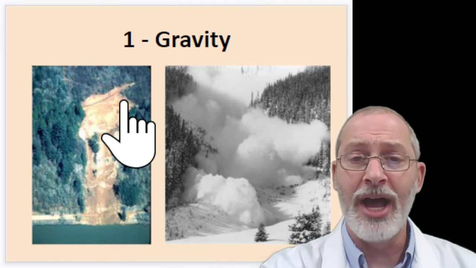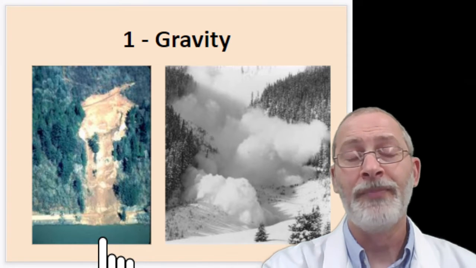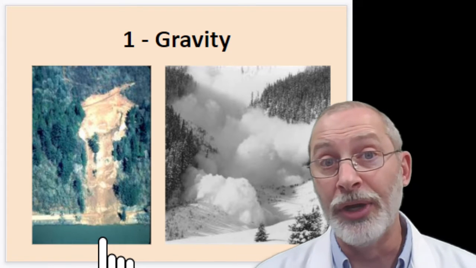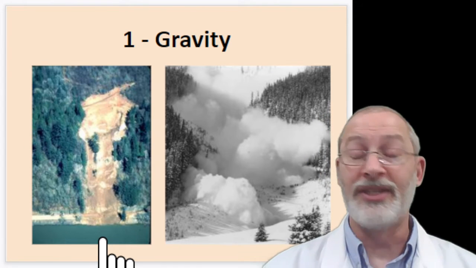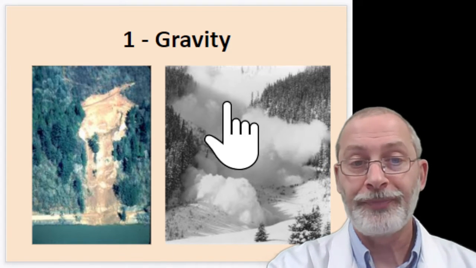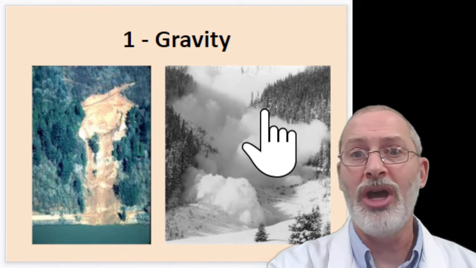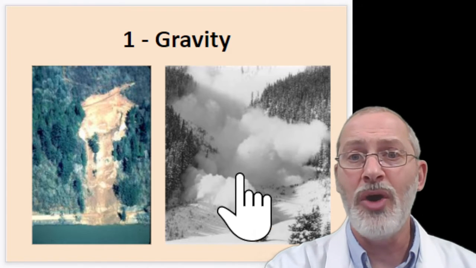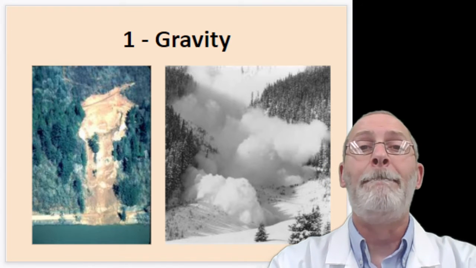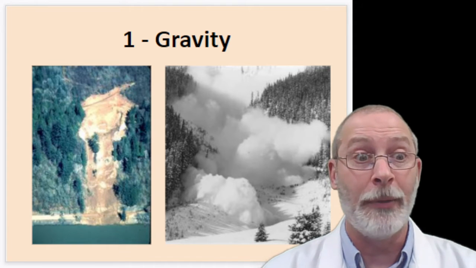This happens periodically where entire hillsides will literally wash down a slope pulled by gravity in a way very similar to what happens on the tops of mountains that are covered in snow. Here we have an avalanche of snow. In fact, this snow in an avalanche can travel well over 100 miles an hour, pulverizing everything in its way, including trees and people.